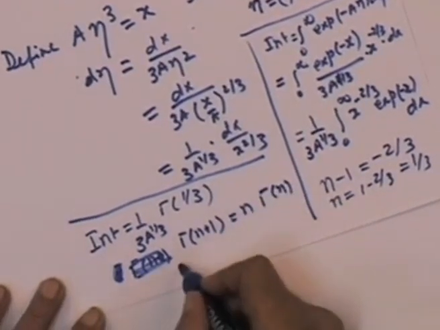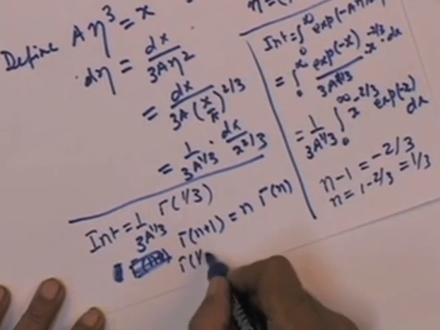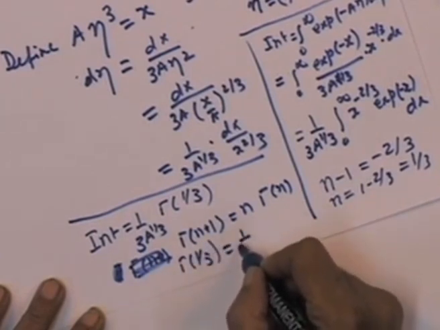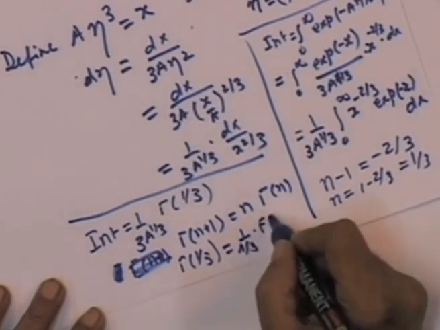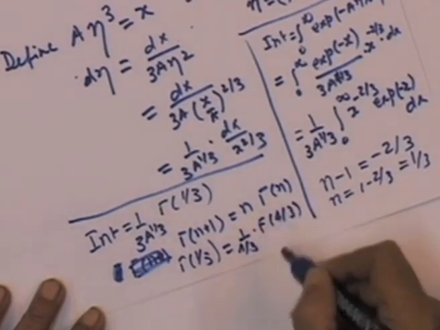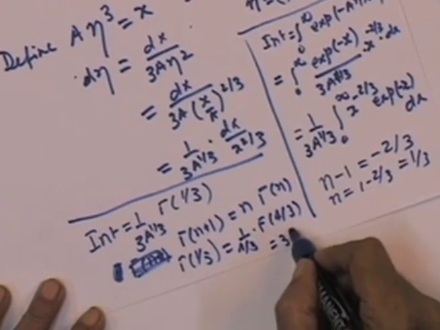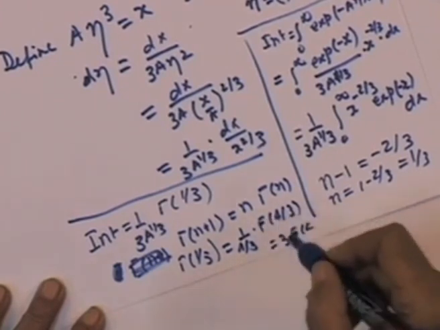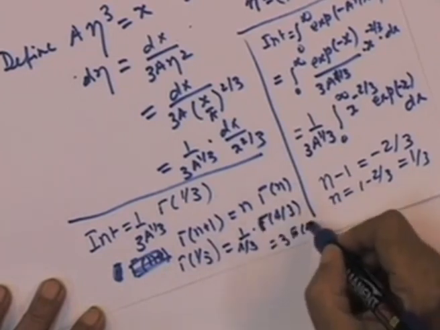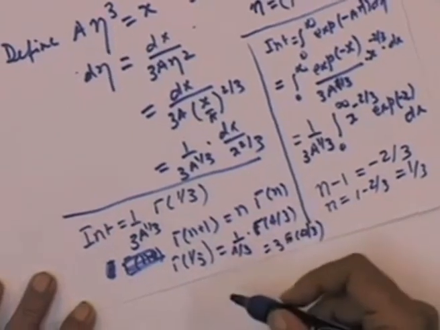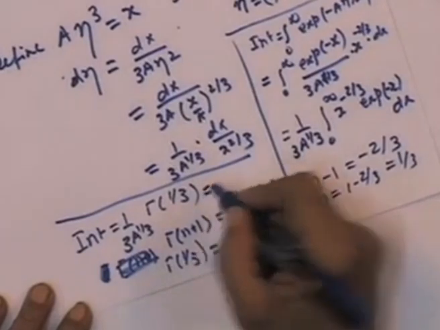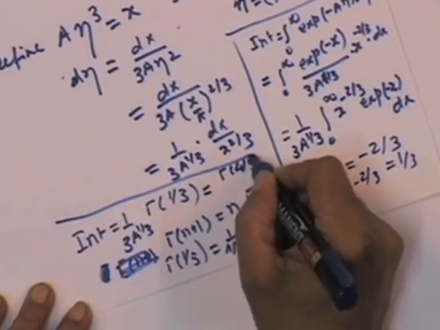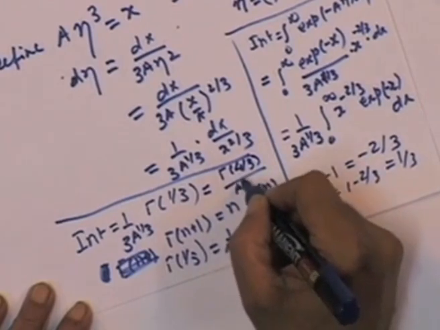So, in other words, gamma 1 by 3 can be written as 1 over 1 by 3 into gamma 4 by 3, or that is equal to 3 times gamma 4 by 3. And therefore, you will see our integral can be written as gamma 4 by 3 divided by a raised to 1 by 3.